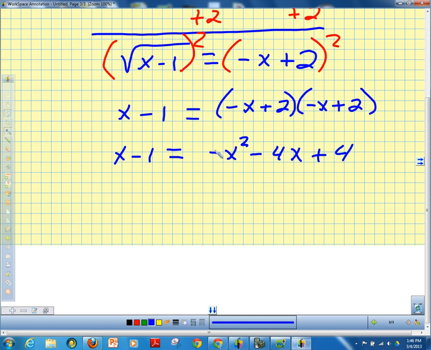Well, it should be plus x squared. Thank you, Boo. I think it's always easier to keep the x squared positive. So I'm going to get rid of this stuff on the left, move it over to the right by subtracting x and adding 1 to both sides.